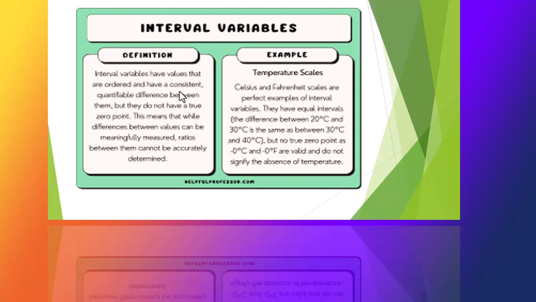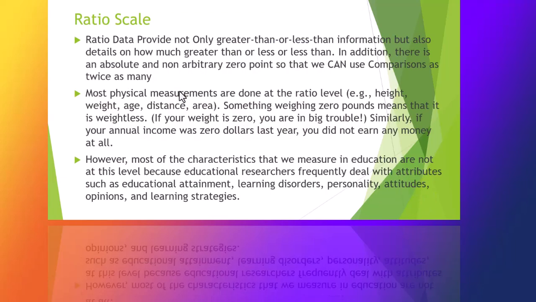So interval variables have values that are ordered and have a consistent quantifiable difference between them, but they do not have a true zero point. This means that while the difference between the values can be meaningfully measured, ratios between them cannot be accurately measured. So you can't get a ratio from the interval scale.